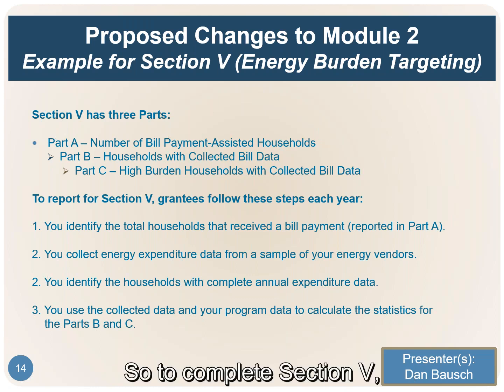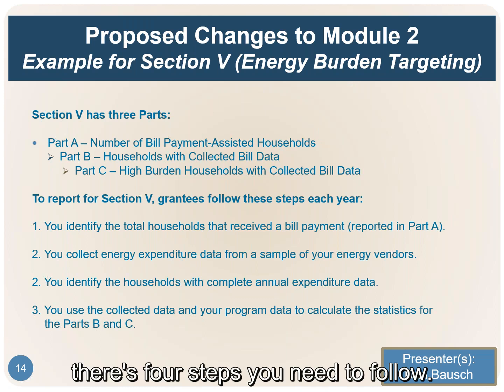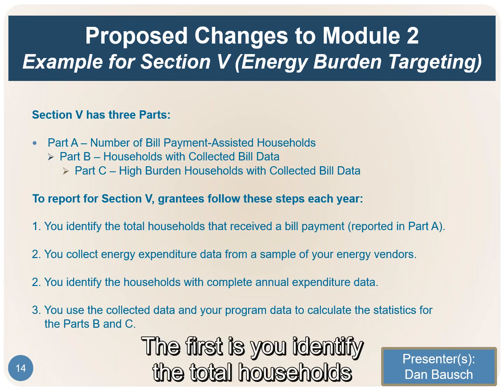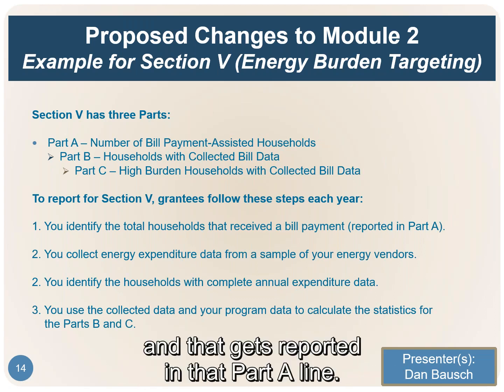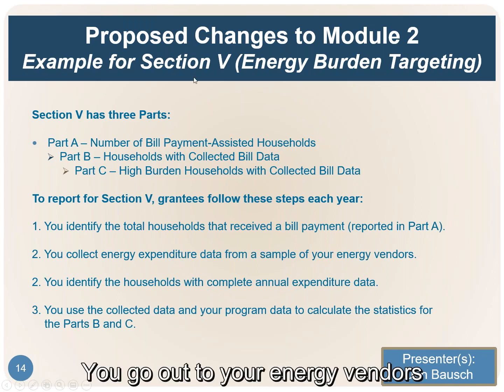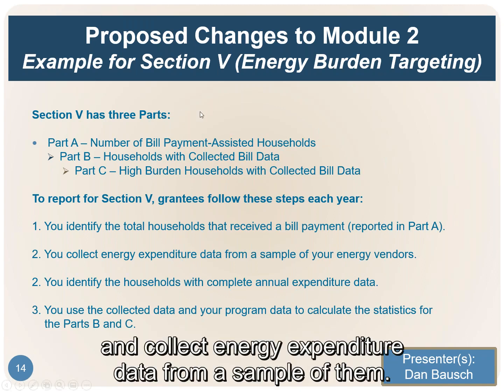So to complete section 5, there's 4 steps you need to follow. The first is you identify the total households that got bill payment assistance, and that gets reported in that part A line. You go out to your energy vendors and collect energy expenditure data from a sample of them.